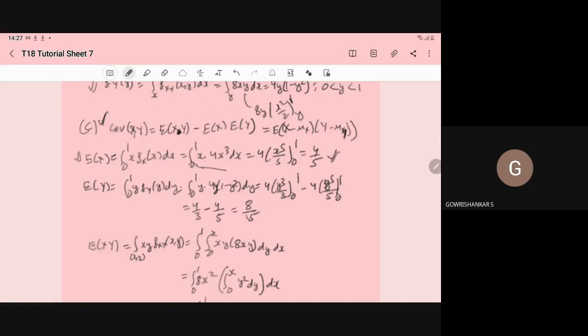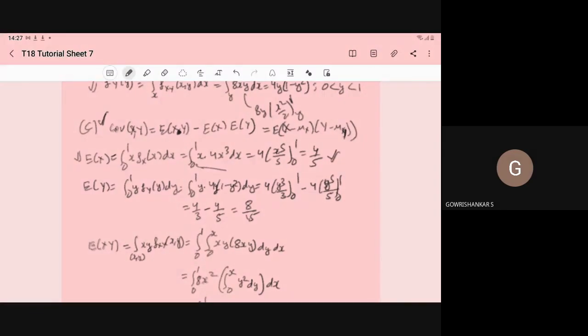Similarly, if you have to compute the E of y, what is it? It is the average corresponding to y. So it is the integration over y of y into fy. What are fy and fx? Those are the marginal densities, right? Marginal density for the x and marginal density for the y. So integration 0 to 1 of y into fy dy.